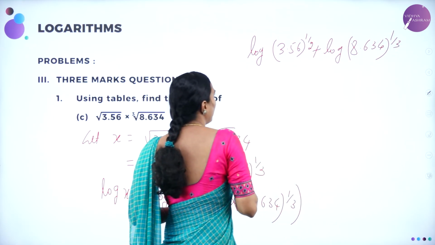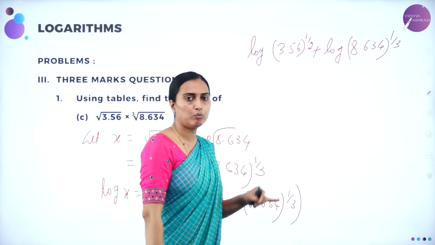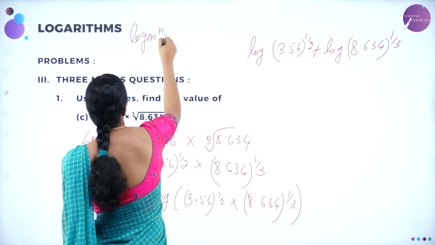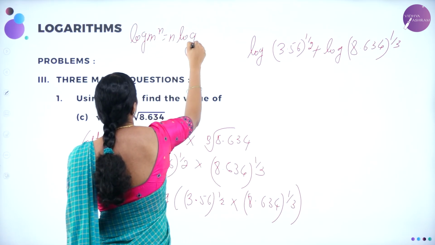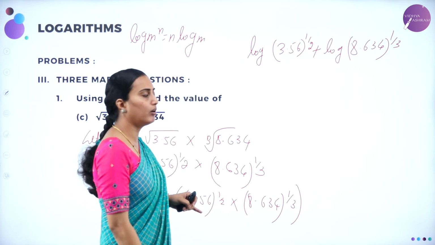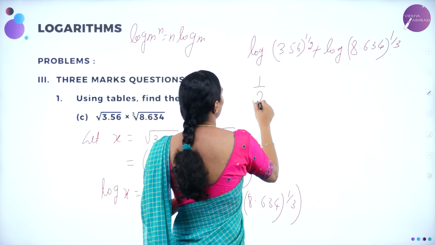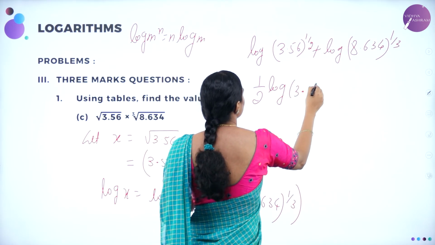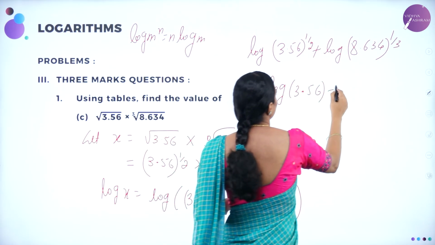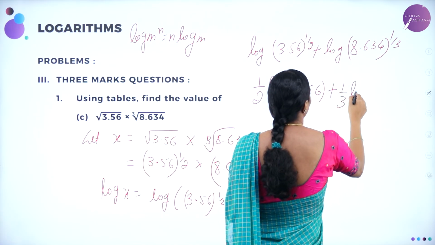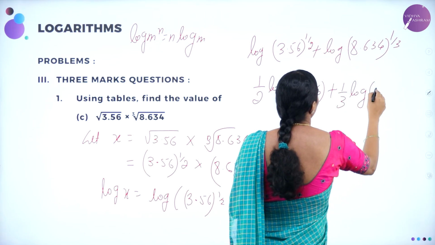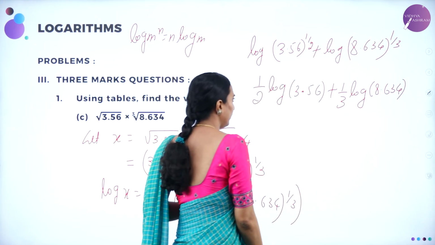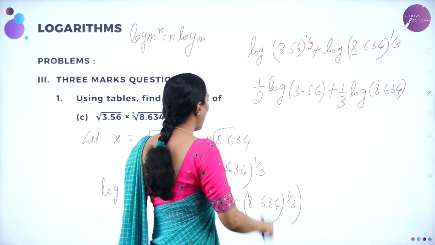Now you can have log m power n. What is log m power n? Log m power n is nothing but n log m. So you are going to consider 1 by 2 log 3.56 plus 1 by 3 log 8.634. So you are going to find out according to the log table.